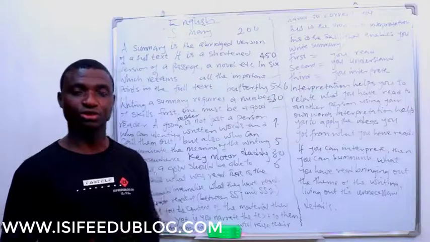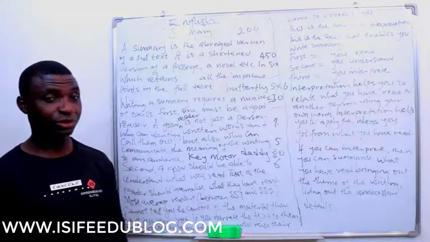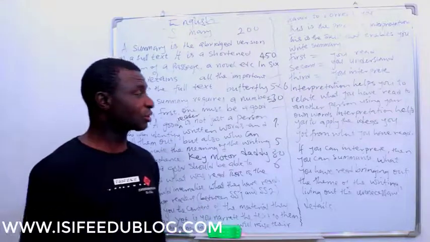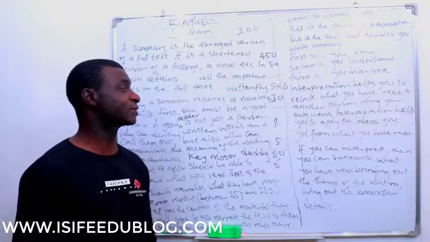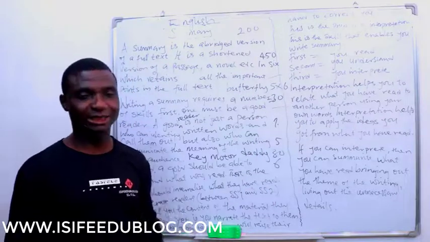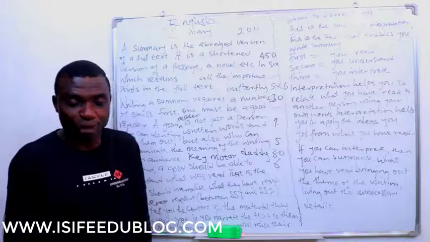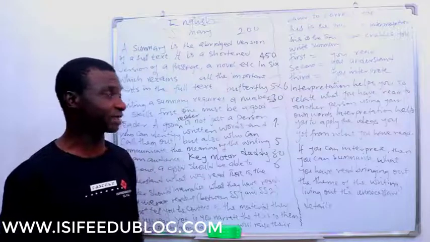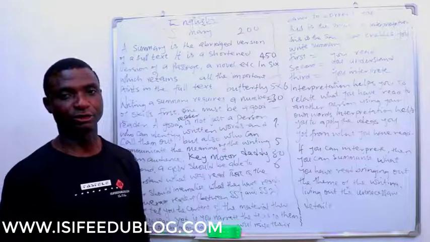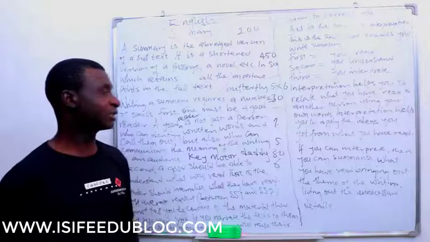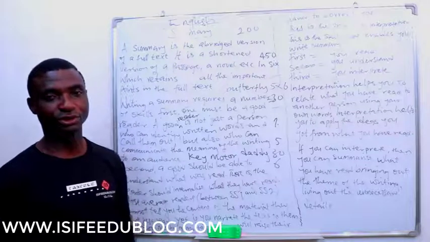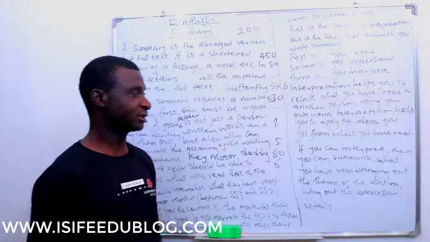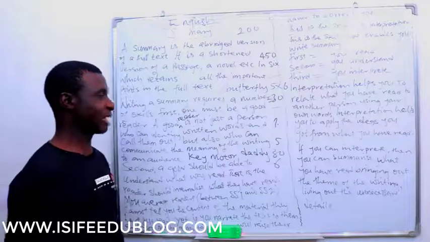So you do not need to joke with this. You could grab as much as the 30 marks at stake. It is possible to score 30 over 30. So why not take the chance? Learn how to write it and grab all the marks.